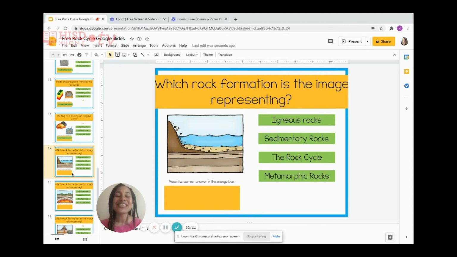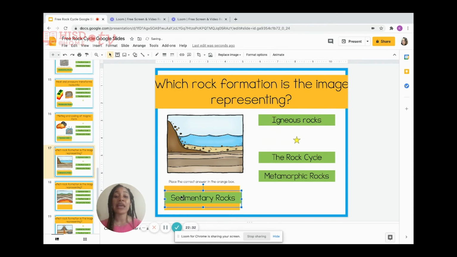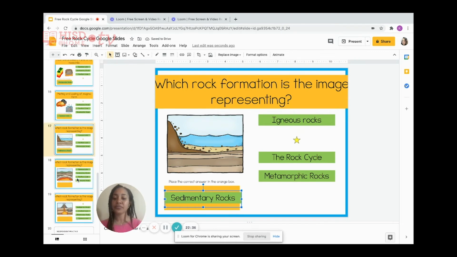So, what do we see here? Right, we see little pieces. So, if we see little pieces, what type of rock could be formed? Absolutely. It's going to be sedimentary rock. Those little pieces are there after we have weathered and eroded our rock. So we'll form sedimentary rock.